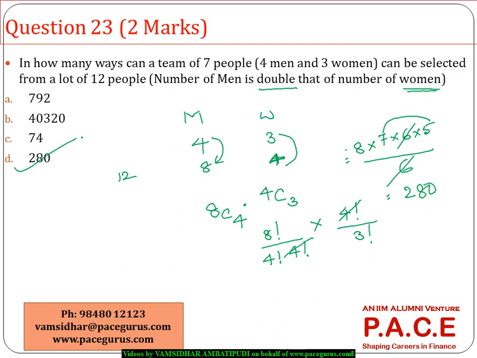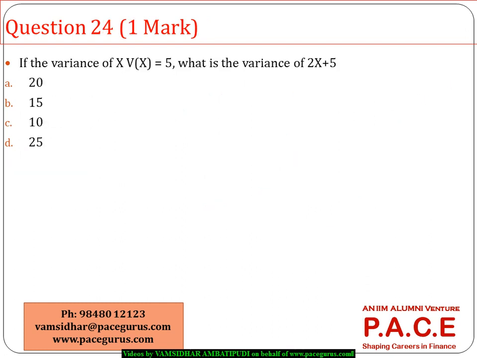Alright. Let's move on to the next question now. If the variance of x is 5, what is the variance of 2x plus 5? Remember, if the question is about the mean, you increase the mean also by the same extent.